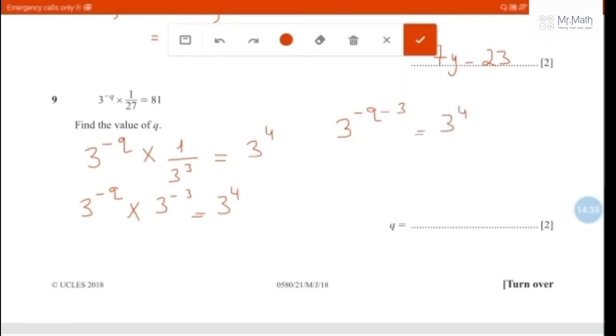Now, since both bases are 3, I can equate the powers. So negative q minus 3 is equal to 4. Moving the terms, I will get q equals negative 3 minus 4, and the final answer is negative 7. So q is equal to negative 7.